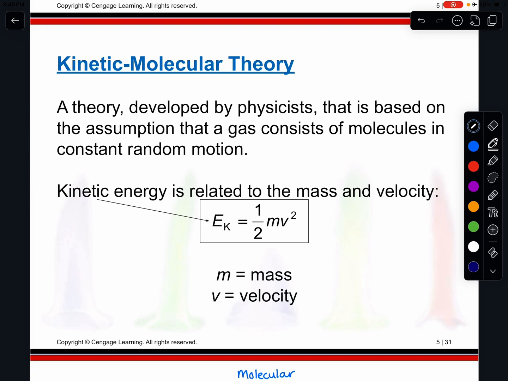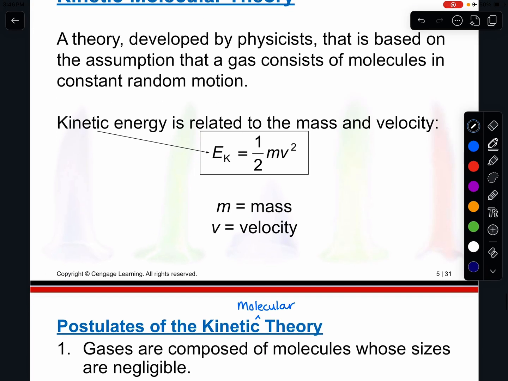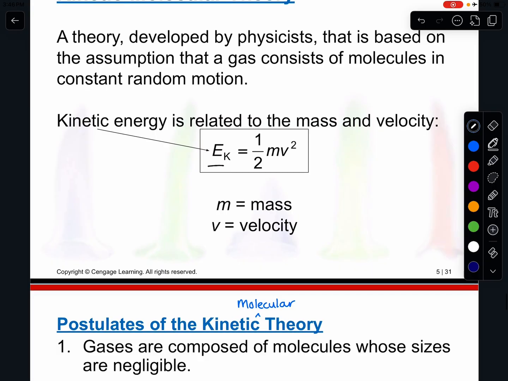There are a lot of calculations, all those laws, Boyle's, Charles's, Gay-Lussac's, the ideal gas law, that we are able to utilize because of this kinetic molecular theory. Now, this is an equation we have previously used before. The kinetic energy is equal to 1/2 mv squared, m being mass, v being velocity in this case.